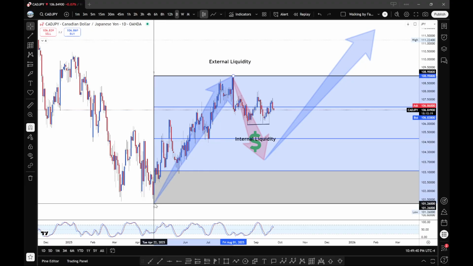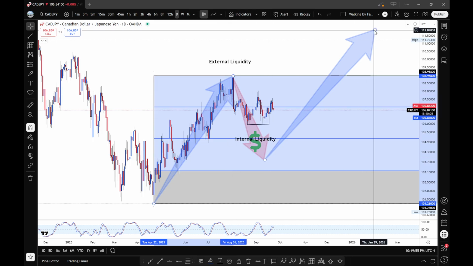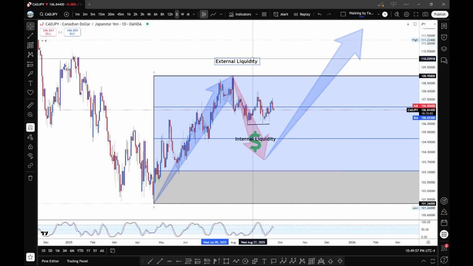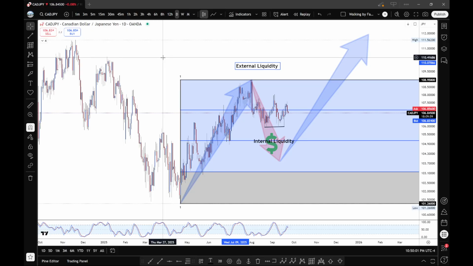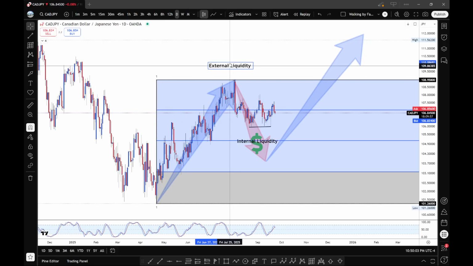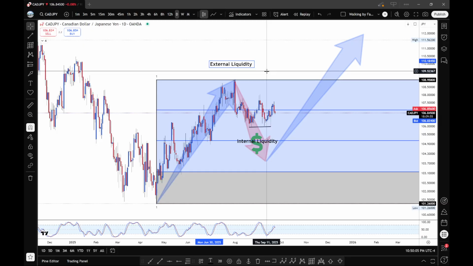See how this impulsive move went up, and then we have our pullback. The pullback is collecting internal liquidity of this range of the enforcement move up. Now, when it continues up, the liquidity that's sitting up here, with swing highs, equal highs, imbalances, etc., that's going to be your external liquidity.